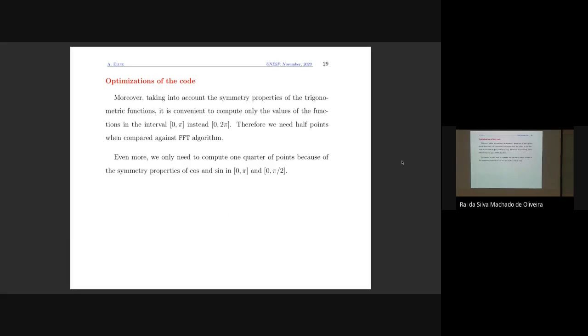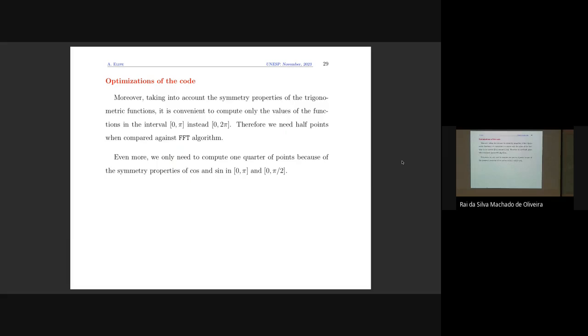And also it is possible to make optimization, and by optimization I mean just making a better approximation, taking into account the properties of the cosine and sine because of the properties of periodicity.